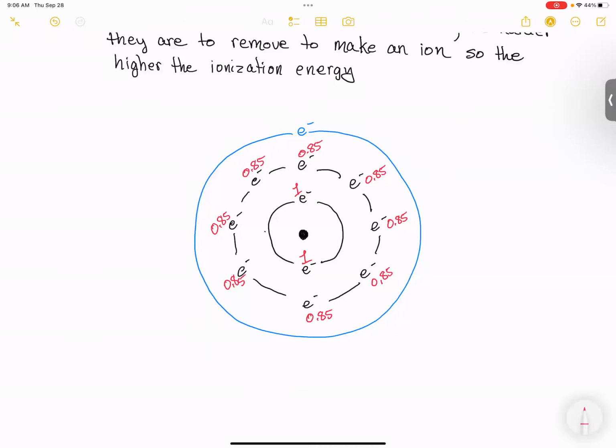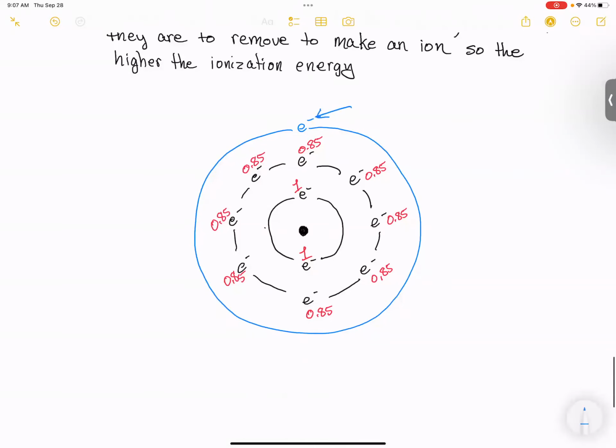The reason we don't care about the one on the outside is because this one is the electron I'm evaluating. And if it's the electron you're evaluating, it isn't going to have an impact upon itself.